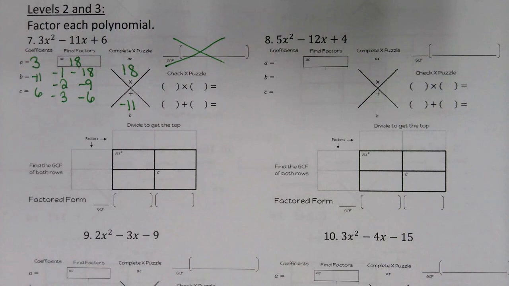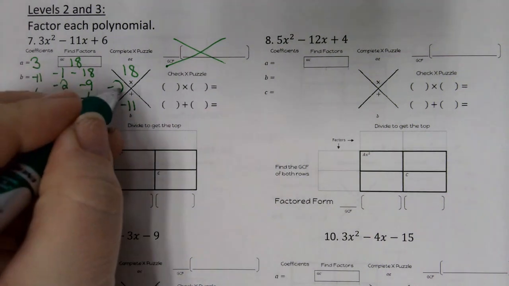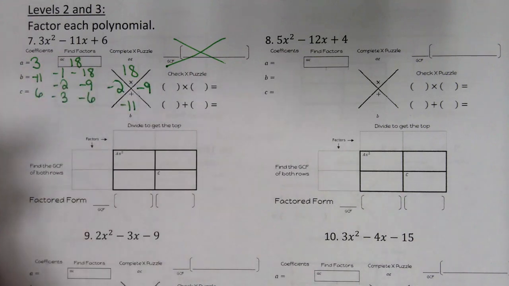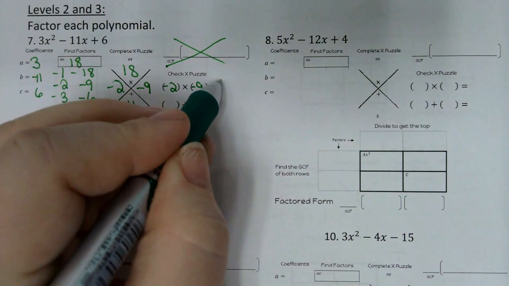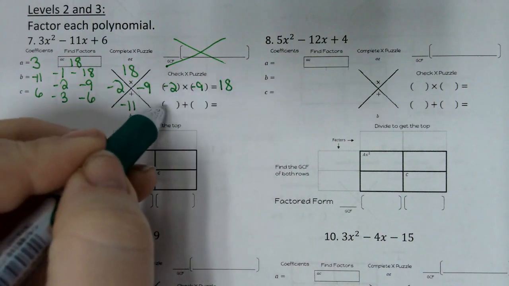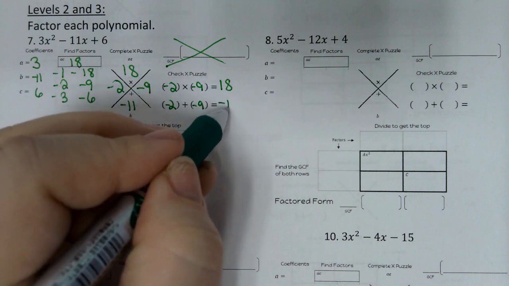Then we can see that there's only one pair that will add together to equal negative 11, and that's negative 2 and negative 9. Quickly double check, negative 2 times negative 9 really does multiply to be positive 18, and negative 2 plus negative 9 really does add together to be negative 11.